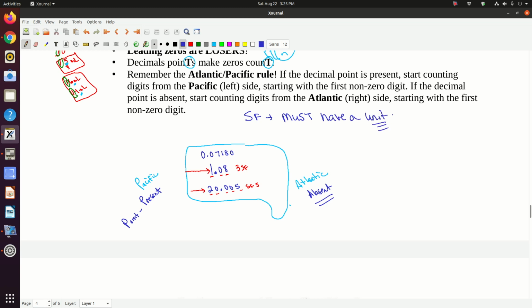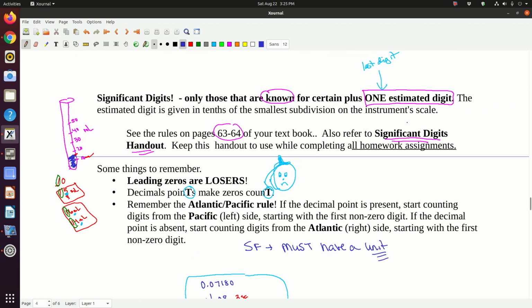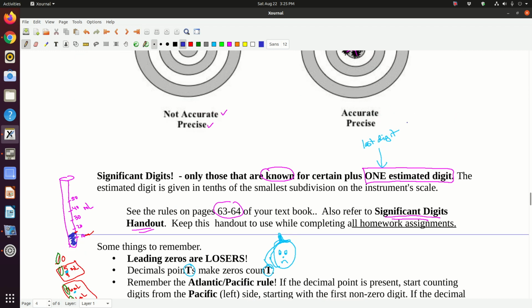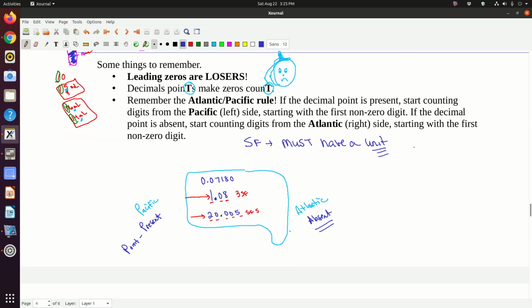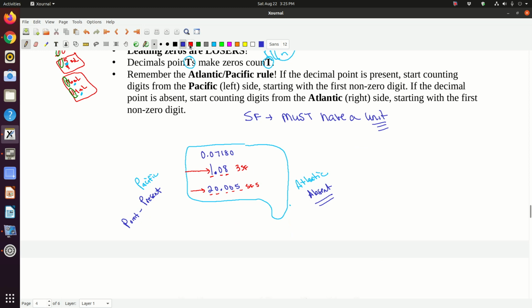Because why? It's a measured thing, and measurements have to have units. So it's always a measured value. So make sure you write that in there. All right, so let's look at this one. It does have a decimal point, so I come in from the Pacific. I go through all the zeros until I hit a non-zero number. There's the first one, and then I stop. And now I count 1, 2, 3, 4. 4 sig figs. So I hope you understand that one.